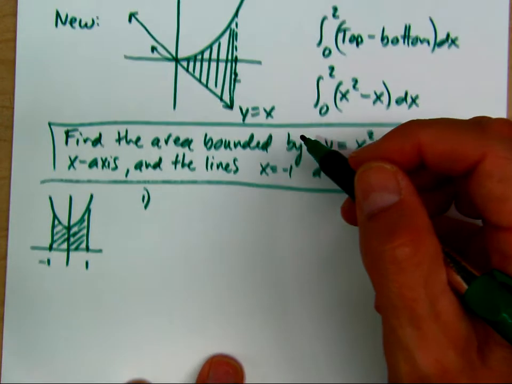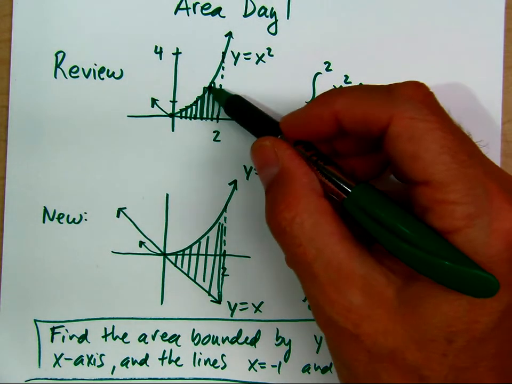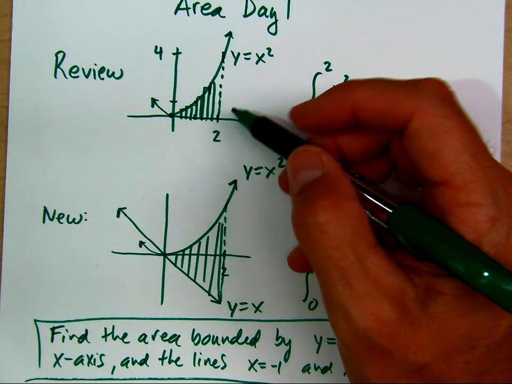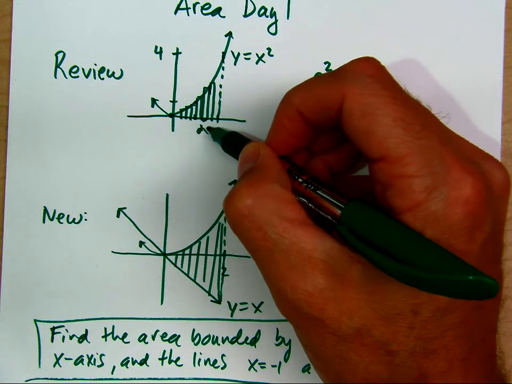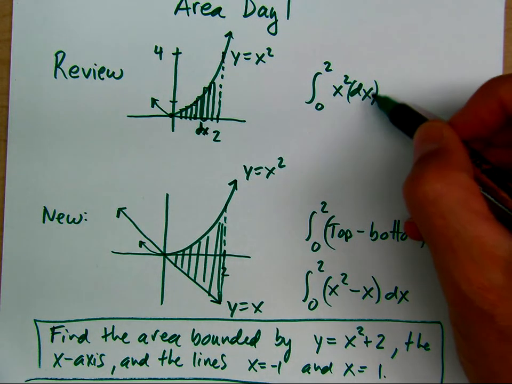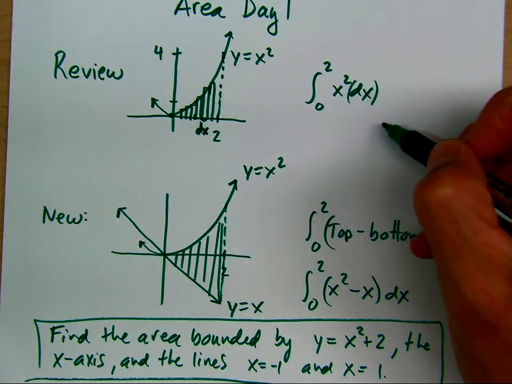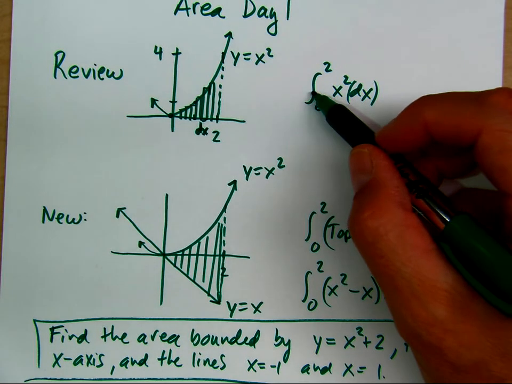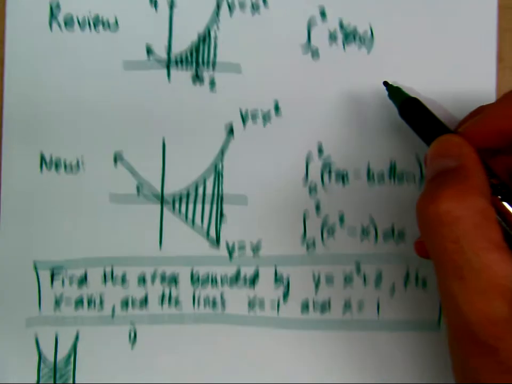Up here we saw how an integral is the sum of the areas of these vertical rectangles, and the width of a rectangle is the differential of x, dx. So there's the width of a rectangle, that's the height of a rectangle, and that's a little bit of how area is calculated with an integral. The sum of base times height.